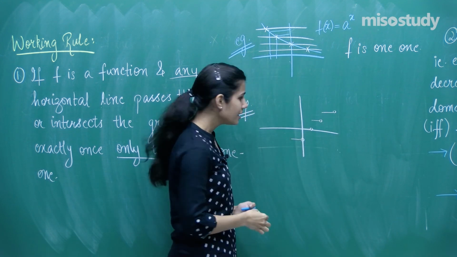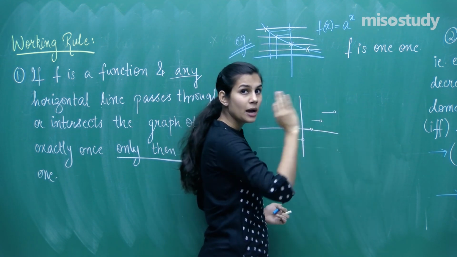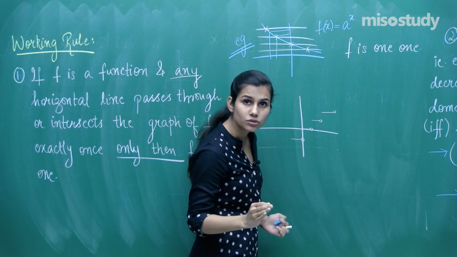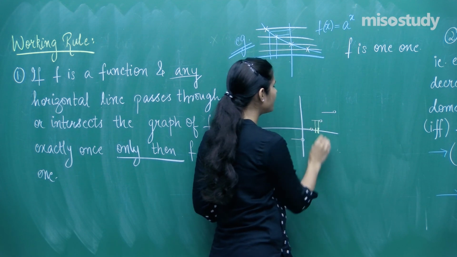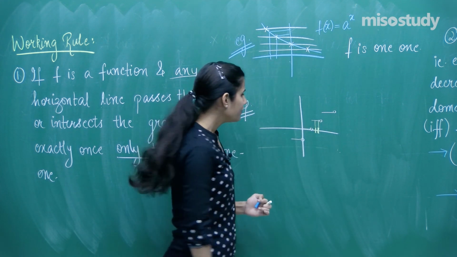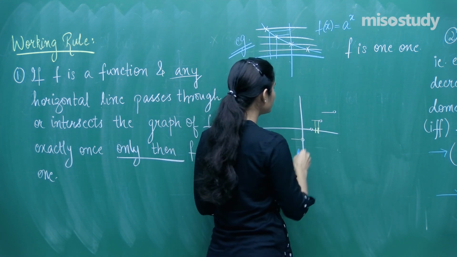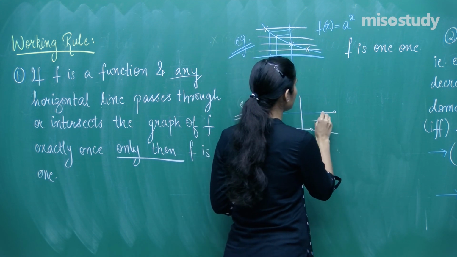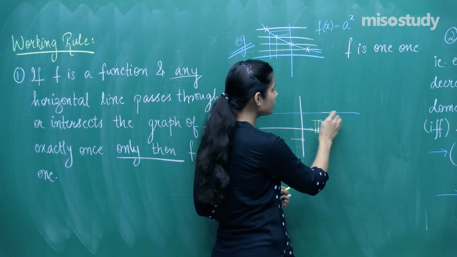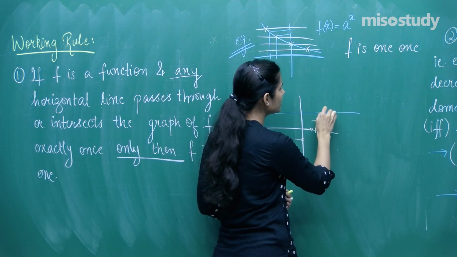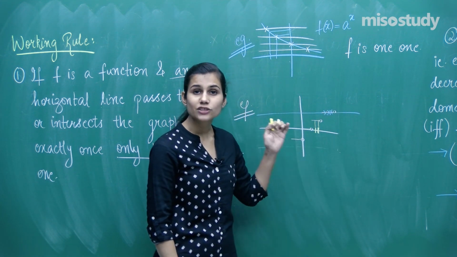Whereas if you take your greatest integer or least integer functions, suppose I take this one, then in this case, yes, you can find the function to be increasing, but it is not increasing throughout because there are points corresponding to which you have the same image. In fact, if you use your horizontal line test, if you make a horizontal line pass through this particular segment, it is intersecting the graph at so many points.